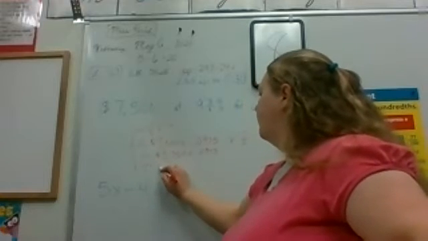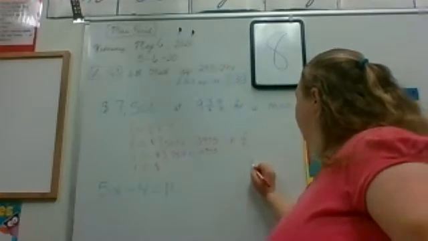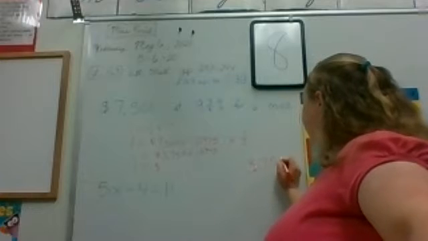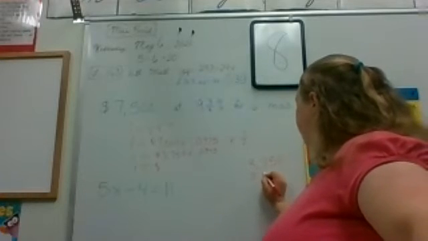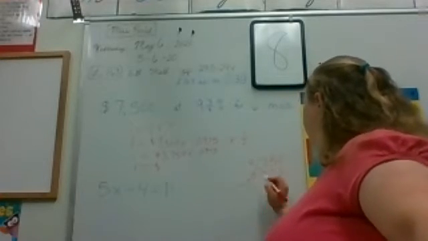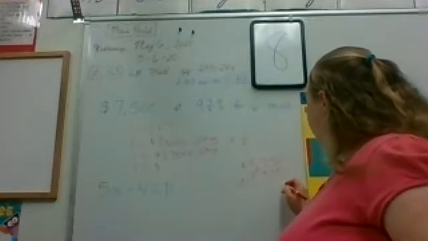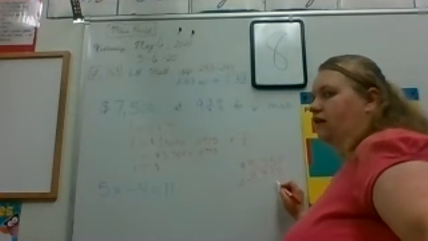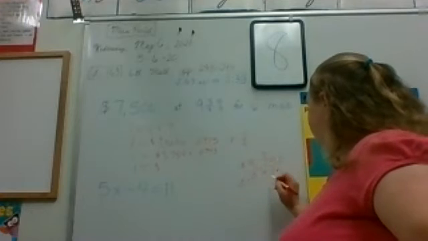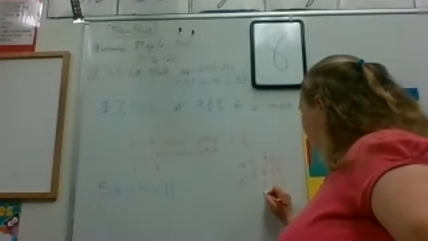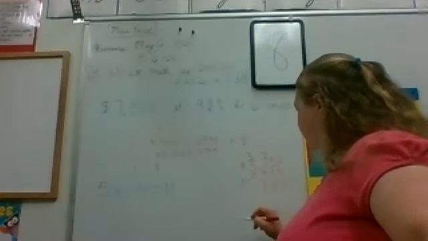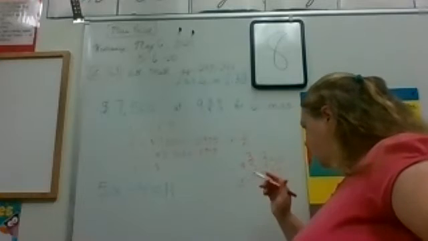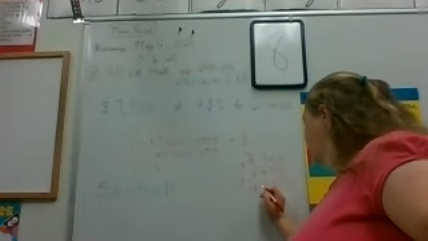So this will be the amount. So 3,750 times 0.0975. 5 times 0 is 0. 5 times 5 is 25. Carry the 2, 37. 5 times 3 plus 3 is 18.